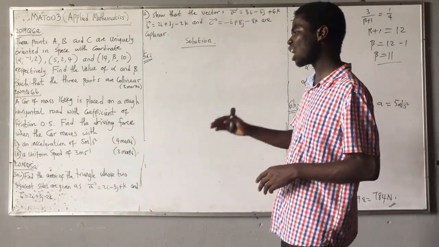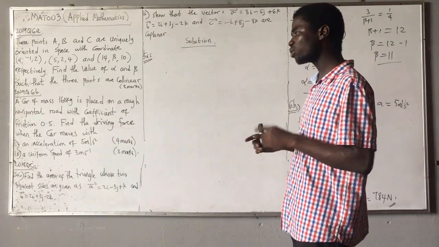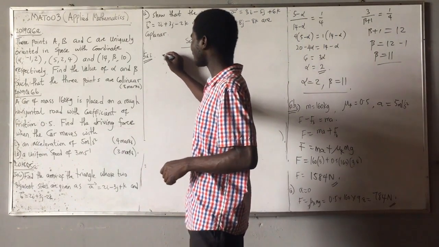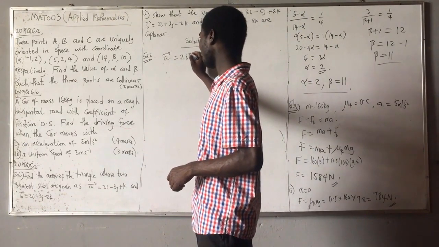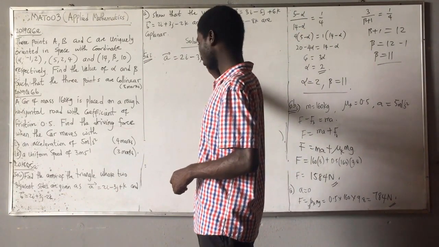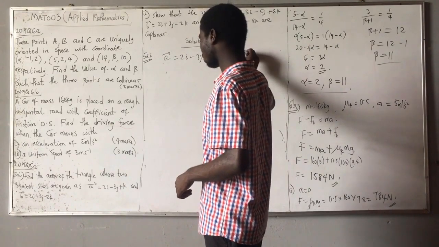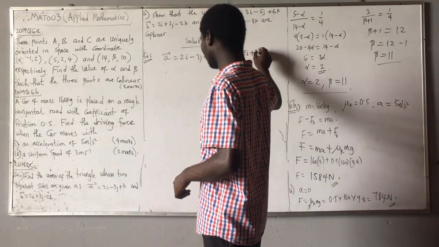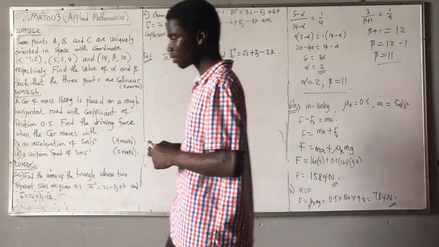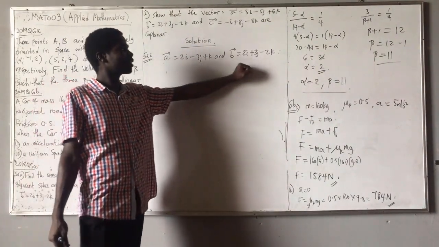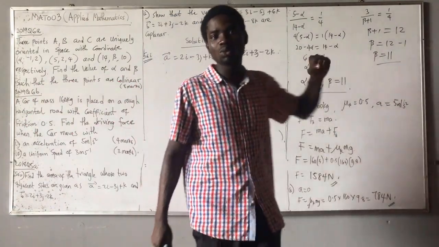It says find the area of the triangle whose two adjacent sides are given as A equal to 2I minus 3J plus K, and B equal to I plus 3J minus 2K. That is what we are given.